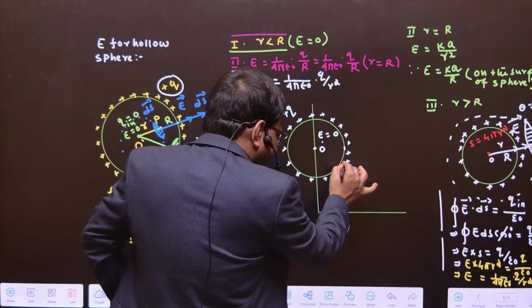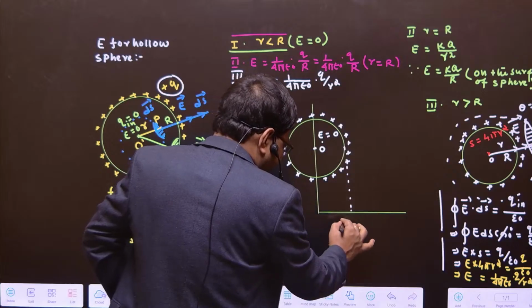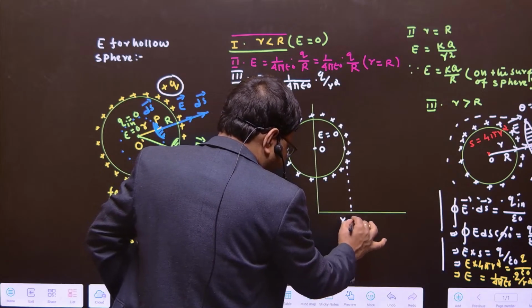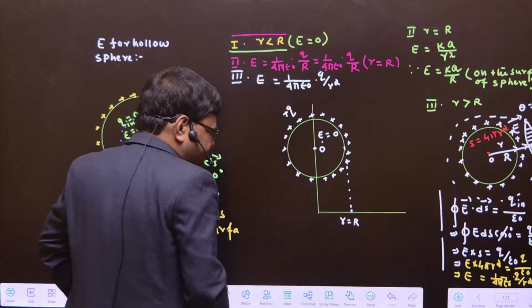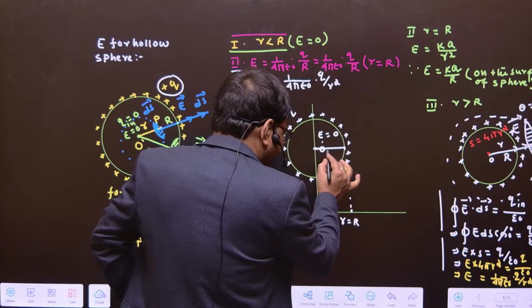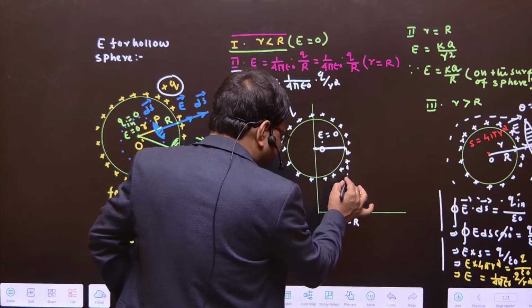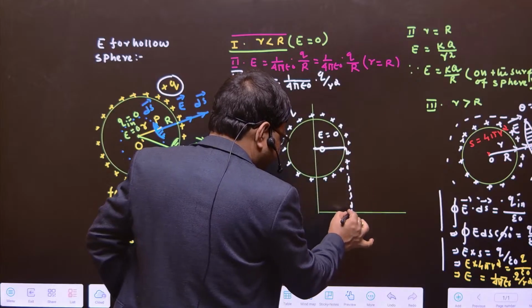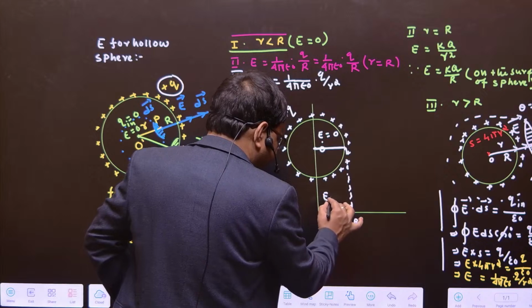And this is the radius up to this region, distance r is equal to R. So up to this region, no electric field exists. In this region, electric field is 0.